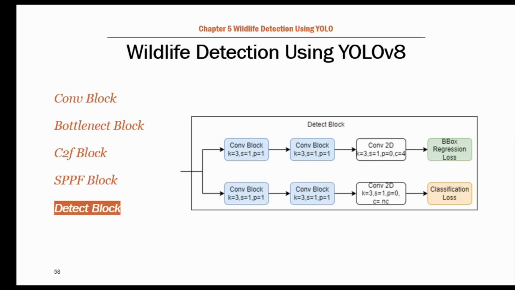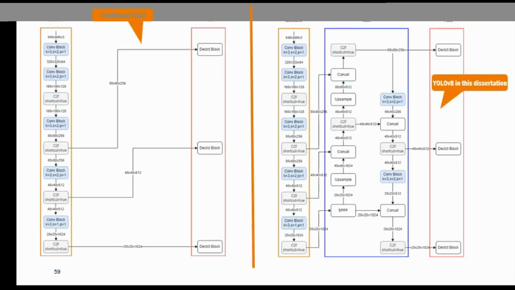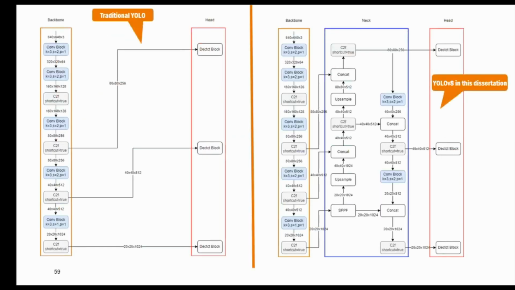This block comes from the achievements of some excellent researchers. They created this block because it can be used to extract data features from the input images. So I use these blocks to construct my own YOLO models.